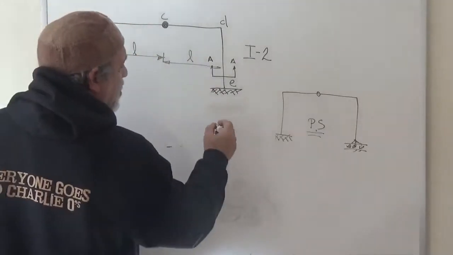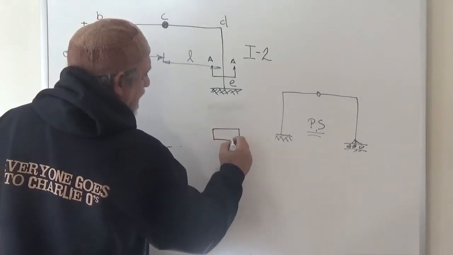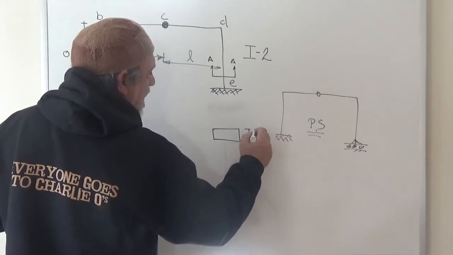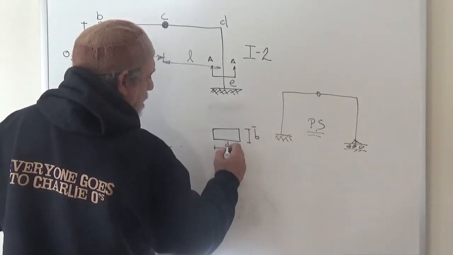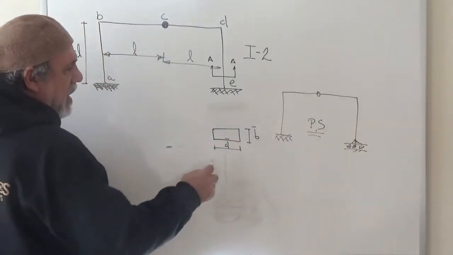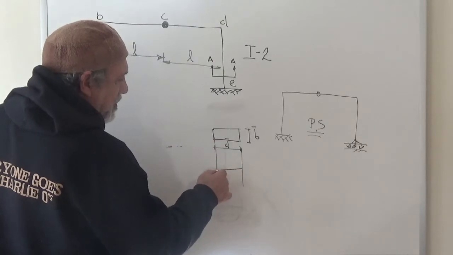So if I look at section AA, enlarging it, I'm going to say that section AA is B bar by D bar, and that what we have is the following temperature distribution.